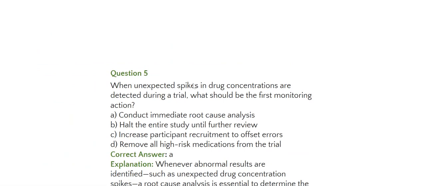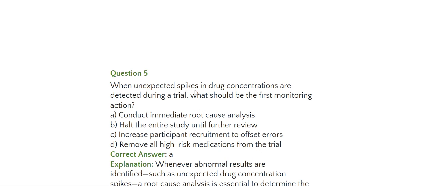Question 5. When unexpected spikes in drug concentrations are detected during a trial, what should be the first monitoring action? A. Conduct immediate root cause analysis. B. Halt the entire study until further review. C. Increase participant recruitment to offset errors. Or D. Remove all high-risk medication from the trial.